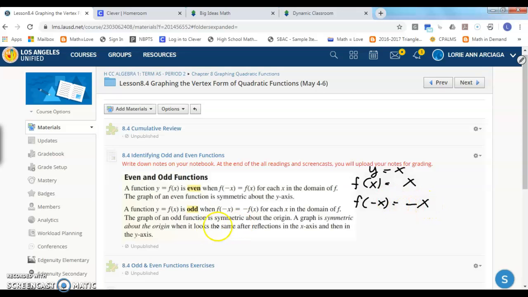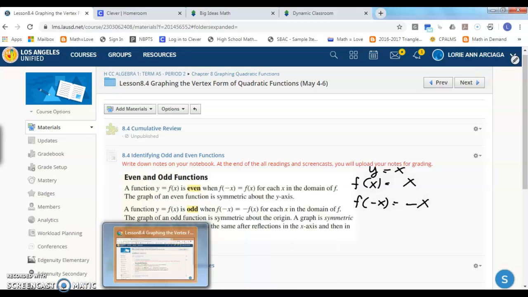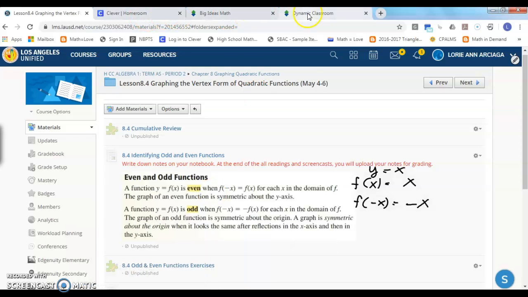So it says right here, if you replace the original x by negative x, then the resulting function is the opposite of the original. Earlier it was x and then it became negative x, so they are opposites of each other. So that's the difference between even and odd functions. We're going to look at some more examples to illustrate the difference between the two.